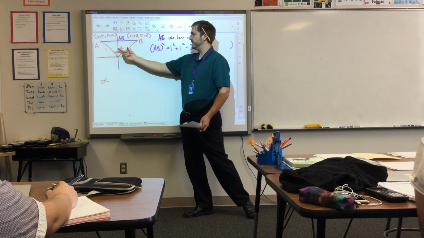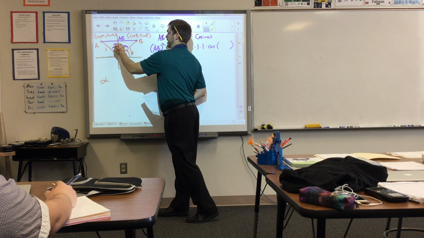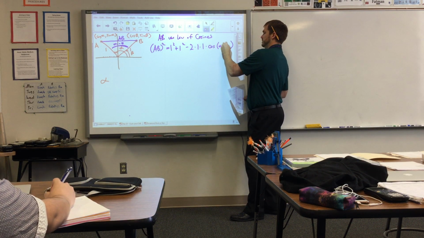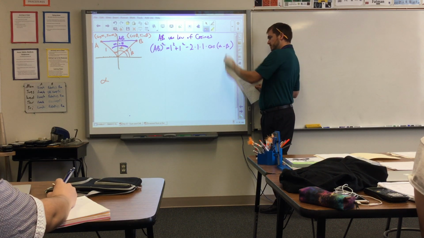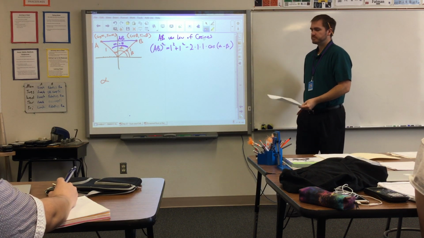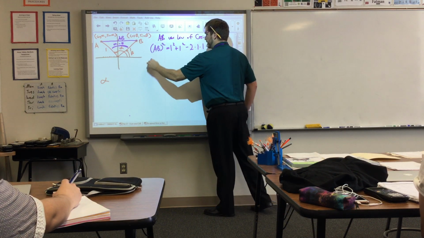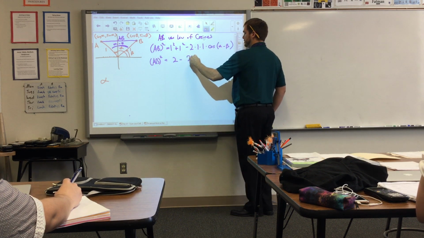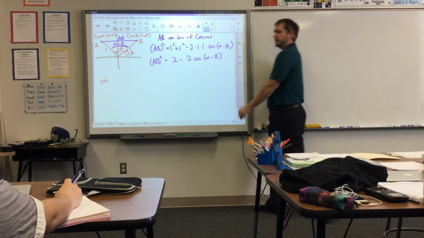This section right here is beta. So the section between them is obviously alpha minus beta. All right. So AB squared equals 2 minus 2 cosine of alpha minus beta.